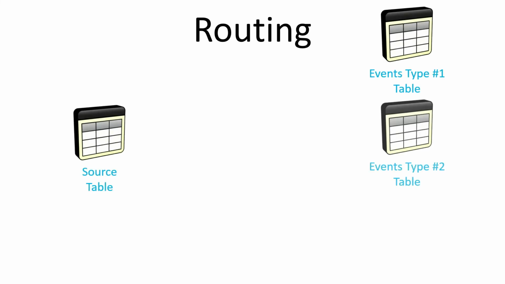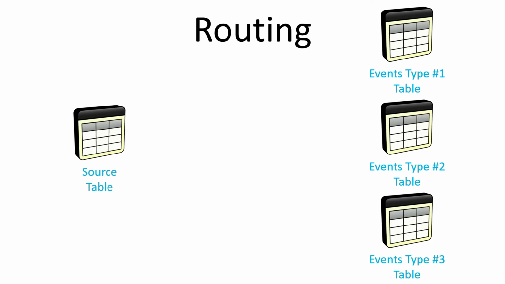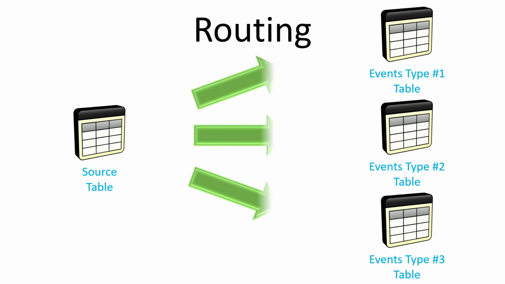Another pattern we're going to look at is routing. Routing is when you have a source table and many destination tables. Here I give an example of an event type. Maybe I have some IoT data getting ingested in my source table and I want to have it pushed to different tables depending on an event type column or property. I'll do that with 3 update policies, applying some filtering on the source table.